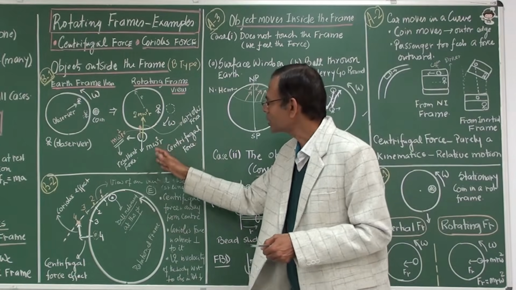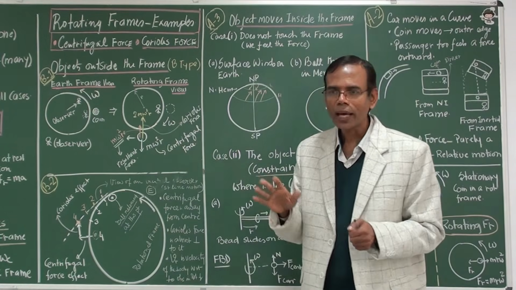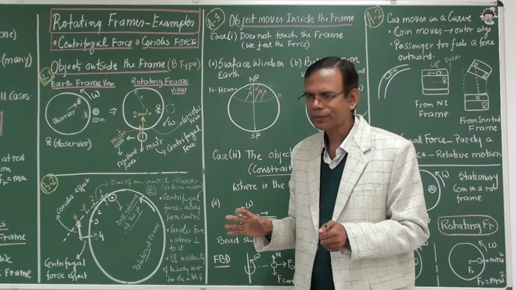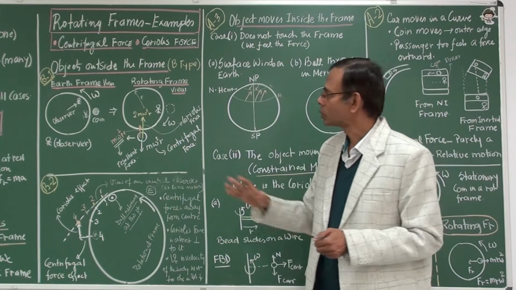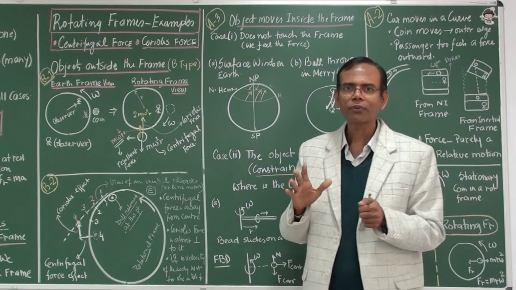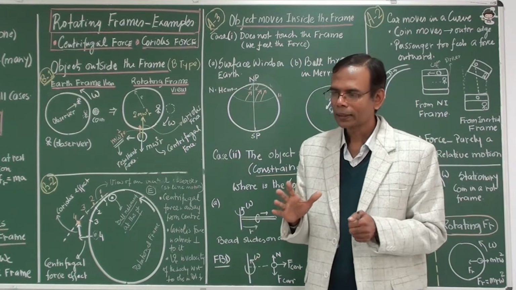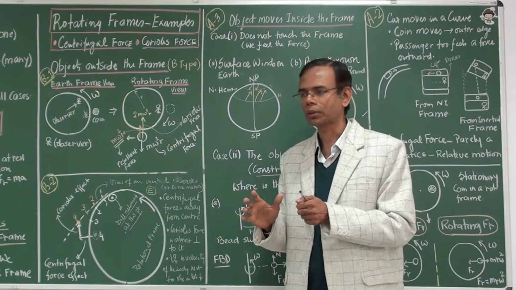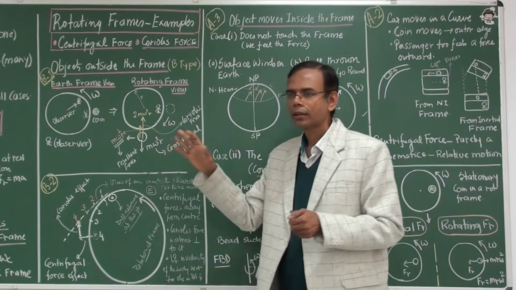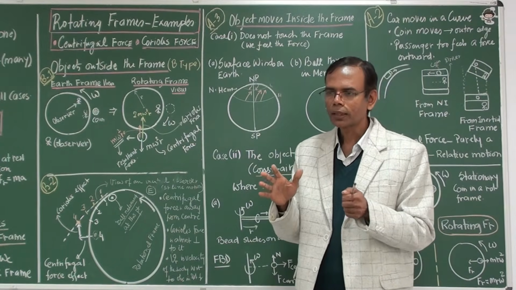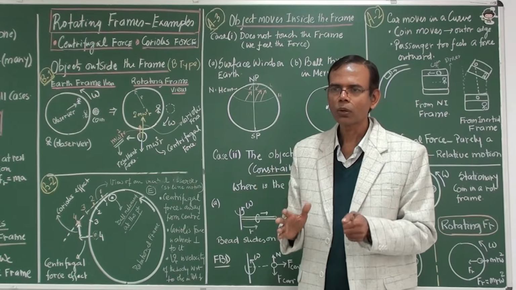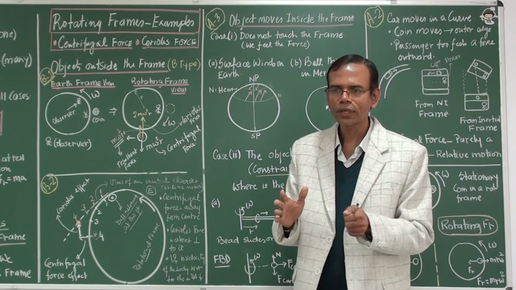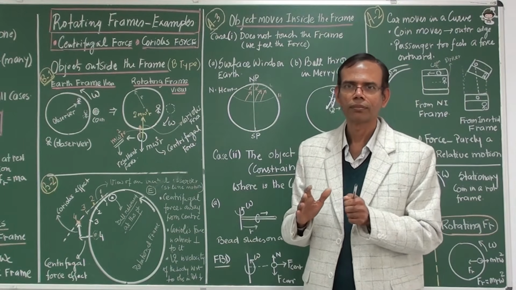And as we see in these examples, where the object is not interacting with the frame, those are the examples where we can really understand. It is just a relative motion. The objects want to be in their state of rest or of uniform motion.